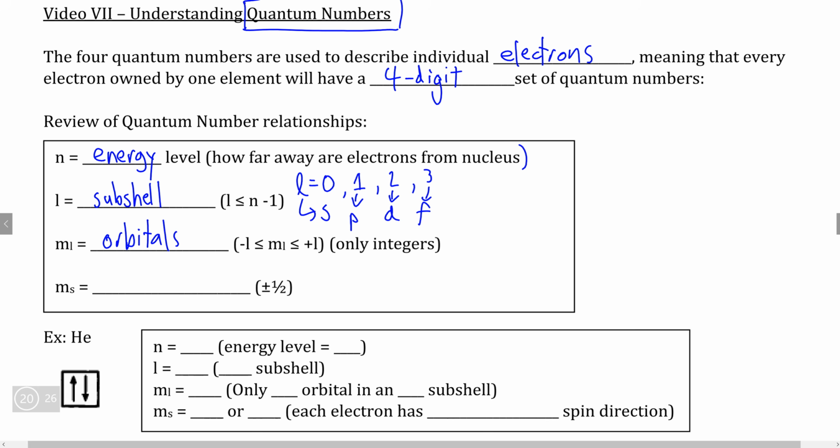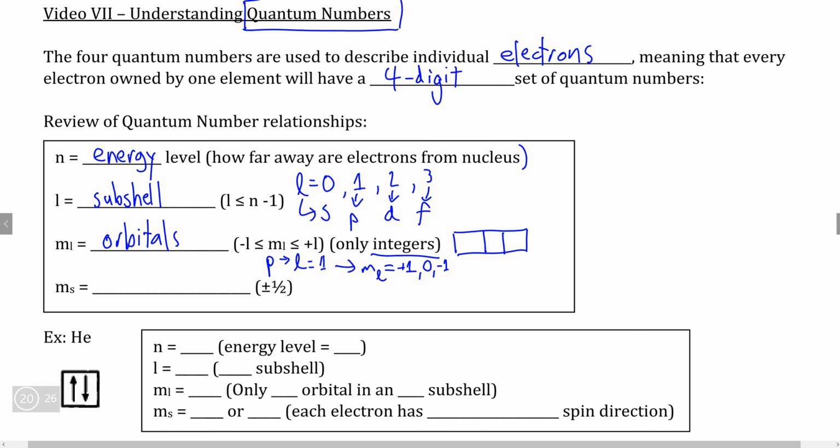So m sub L can be any integer as long as it is between negative L and positive L. So if we look at P subshells, for example, P has an L value of 1, meaning that in the case of P orbitals, let's draw an orbital energy diagram of P orbitals here. That means that our orbital number, m sub L, can either be positive 1, 0, or negative 1, because it is any integer between positive L and negative L.